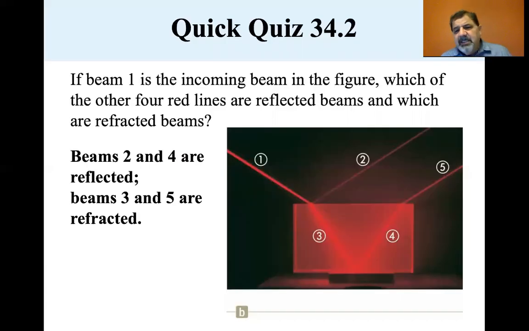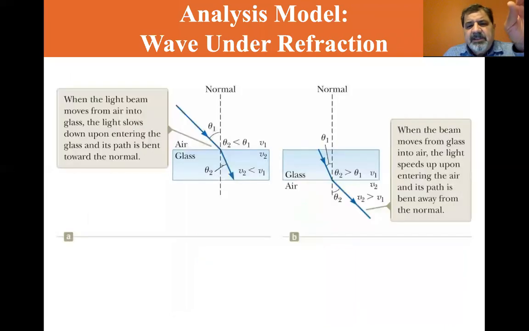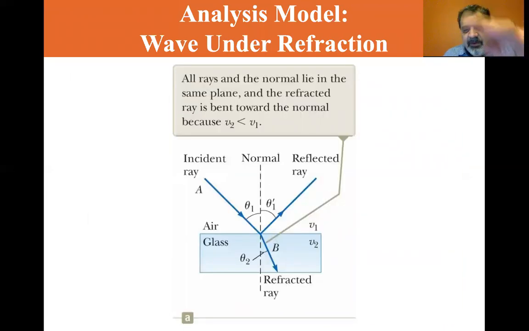As a matter of fact, you can see here the angle from 1 to 3 is one angle, and the angle from 4 to 5 is different. You can see that the incident ray and the reflected ray are theta 1 and theta 1 prime, but the other is theta 1 and theta 2, and they're given by sine theta is equal to the velocity.